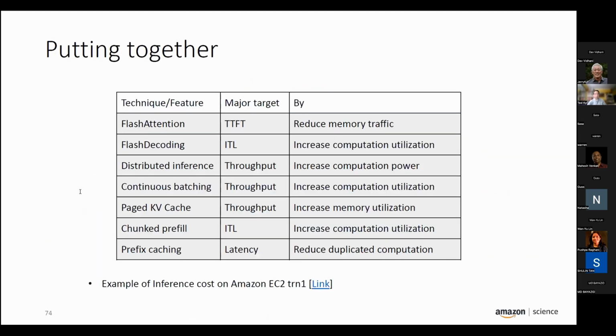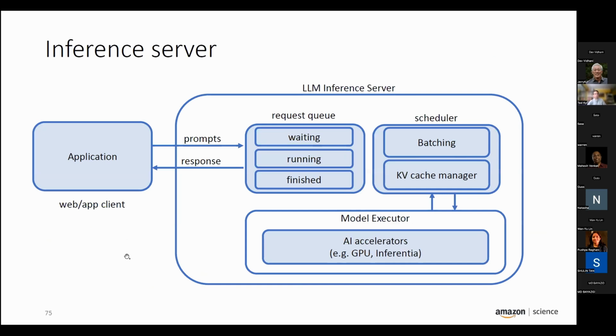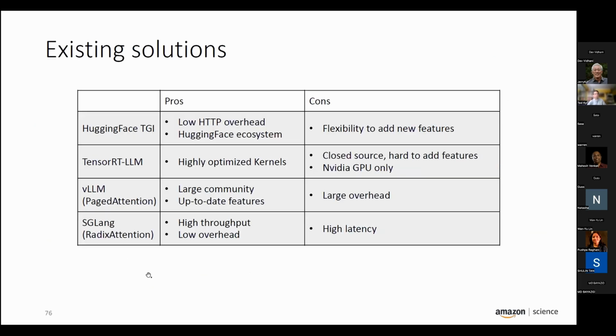All right, so I think this gets us close to where we ended. There are a couple of solutions. I don't know all of these. I'm familiar with vLLM. There's TensorRT-LLM, SGLang.